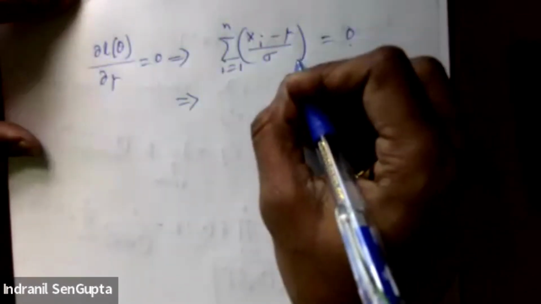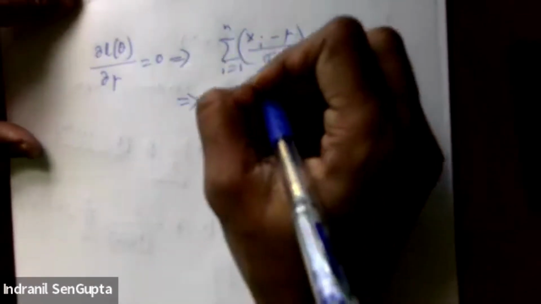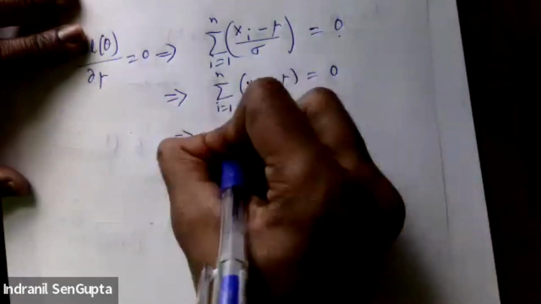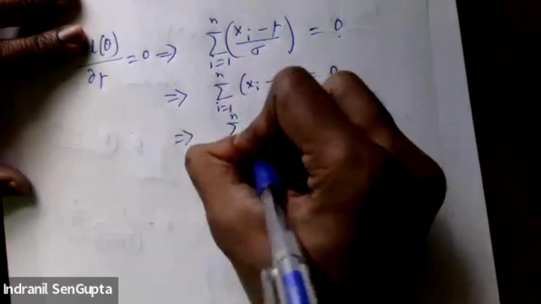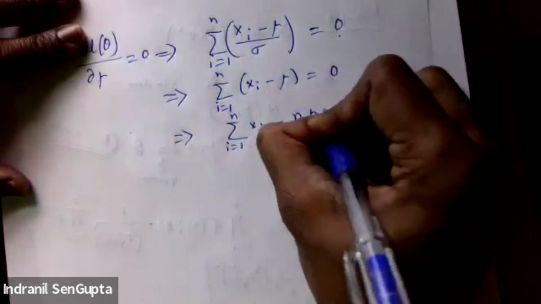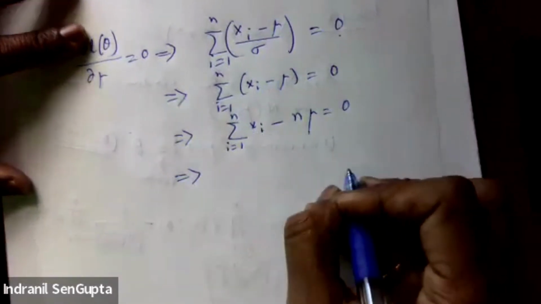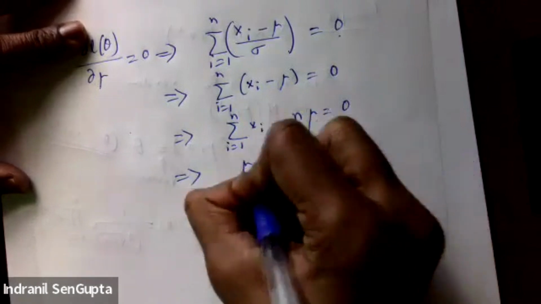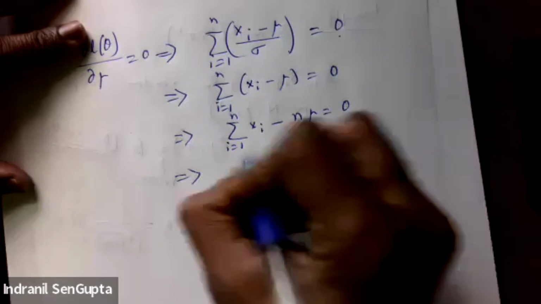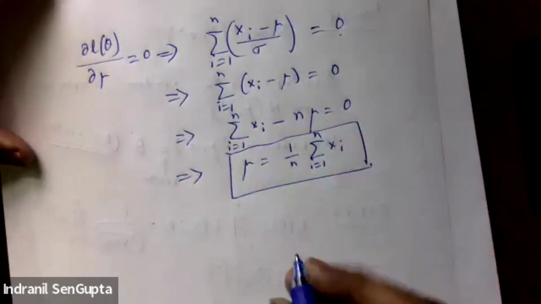That means the sum i from 1 to n of (xi minus mu) is 0 if I multiply by sigma. When I open the parenthesis, there are n of this mu, so it's n mu. So that means mu equals 1 over n times the sum i from 1 to n of xi. So that is my first estimated value.